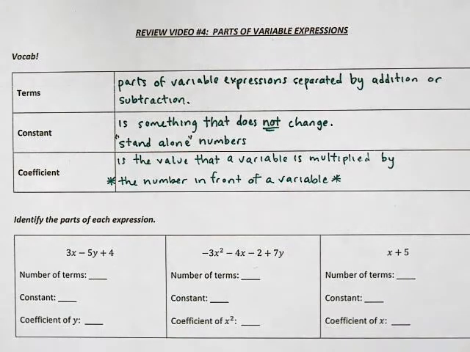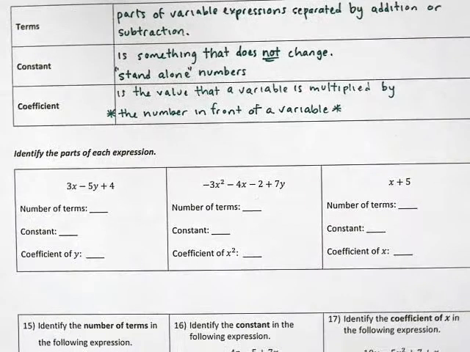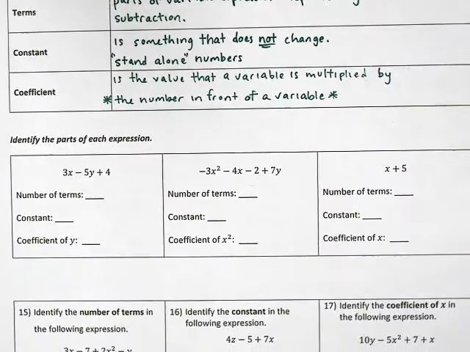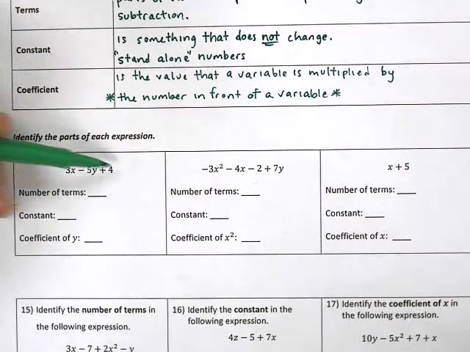So the whole idea, guys, is that if we know what terms are, and we know what constants are, and we know what coefficients are, well, then you should be able to identify the parts of an expression. All right, and that's what we're going to do now to practice. So when we look at this first expression, how many terms are there?